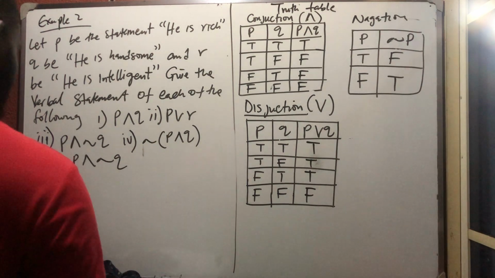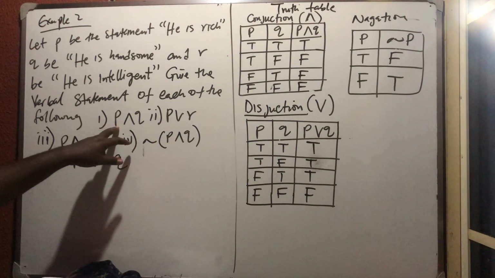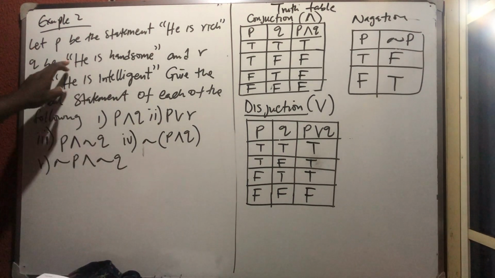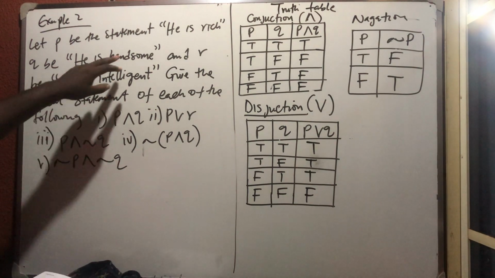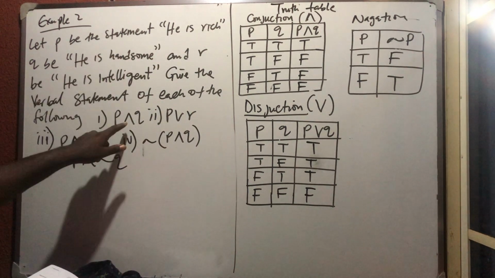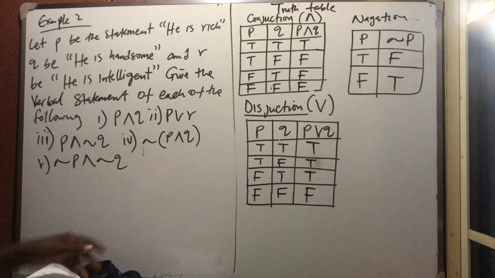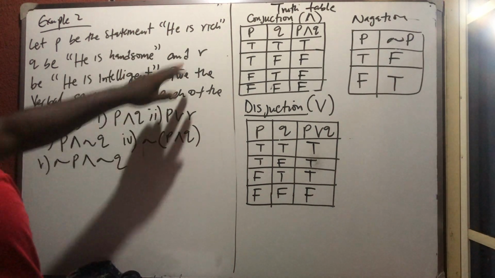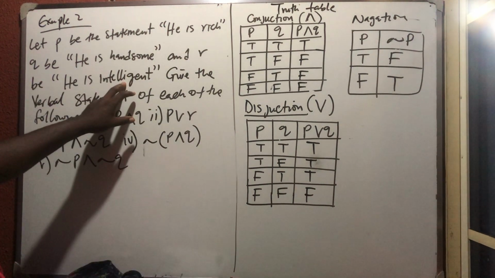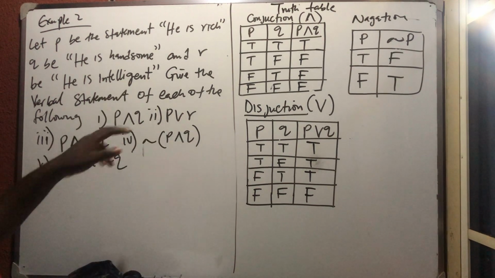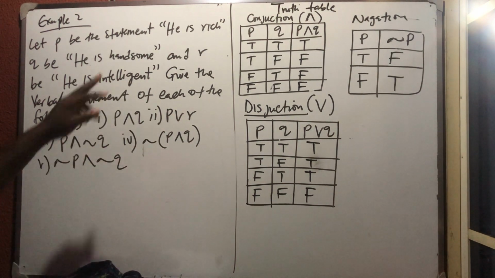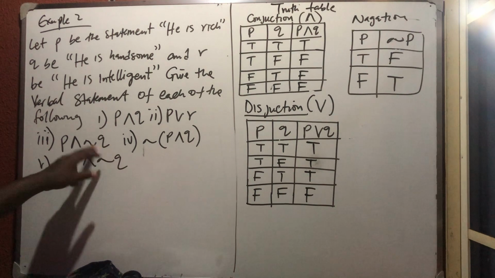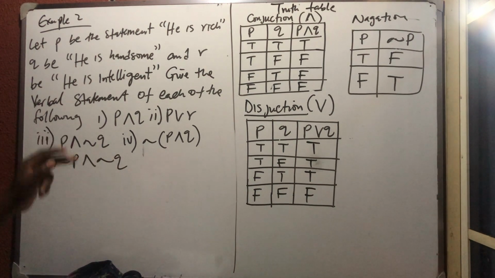Now the solution. If you look at this one, P and Q is, he is rich and handsome. The other one is, he is rich or intelligent. This one is, he is rich but not handsome.